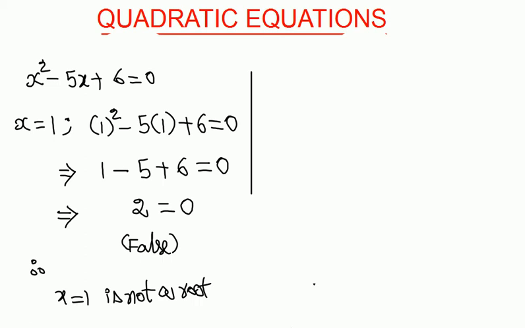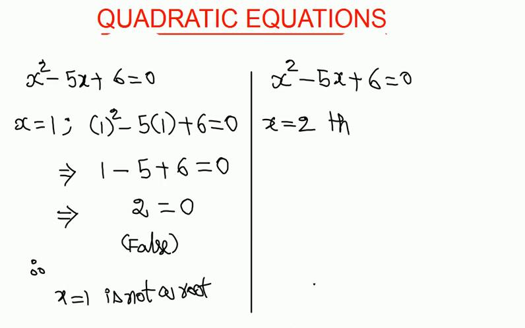Suppose here I am going to take x is equal to 2. If you substitute x is equal to 2 in this equation, then we get 2 square minus 5 times 2 plus 6 is equal to 0.